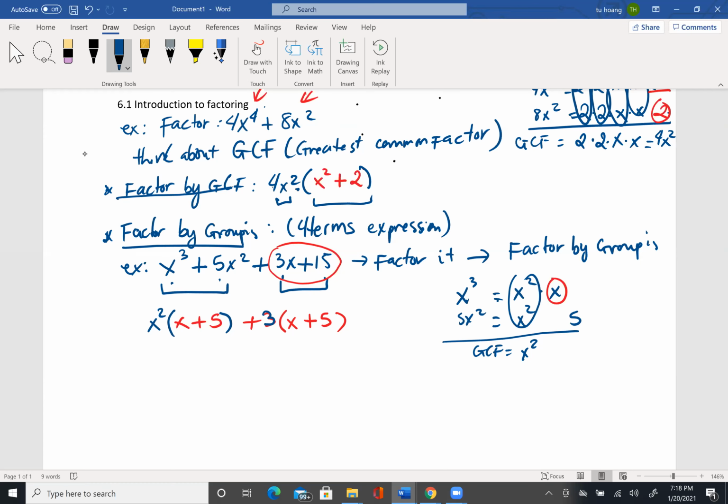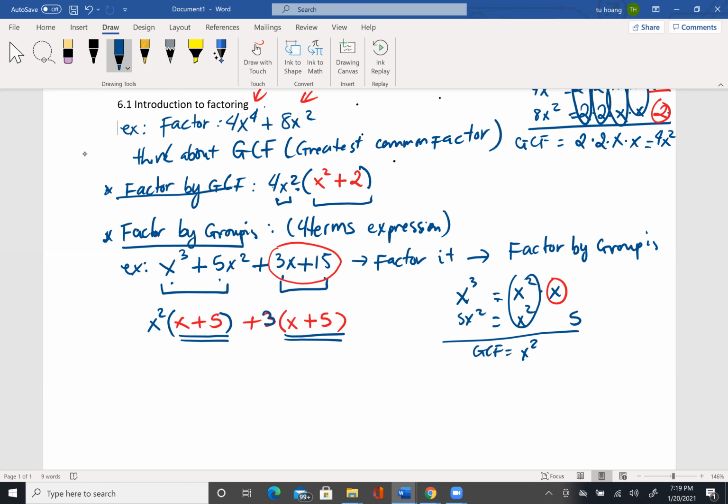So if you look globally, you will see we have 2 big common factors, or like 2 groups that are the same group, x plus 5, which is the same common factor.